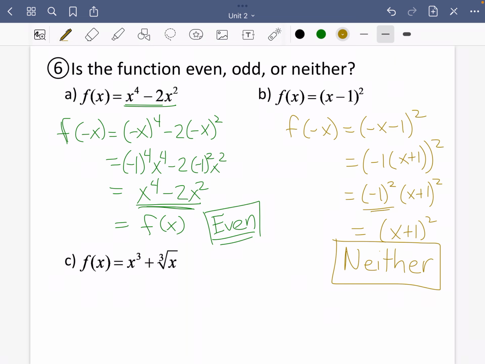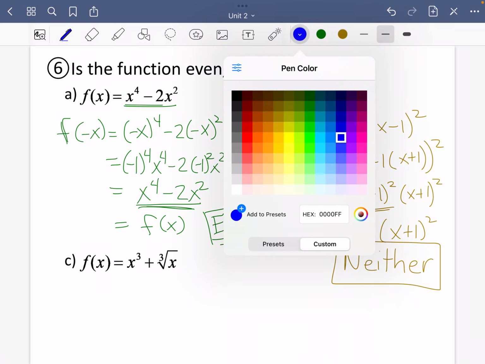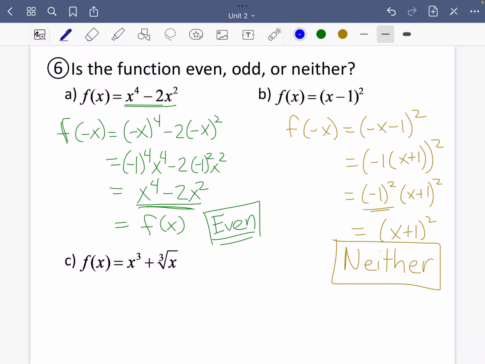And our final example: if we were to look at this function down here, f of x is equal to x cubed plus the cube root of x. We're going to replace our x with a negative x, and then we're going to follow that through and see what happens.